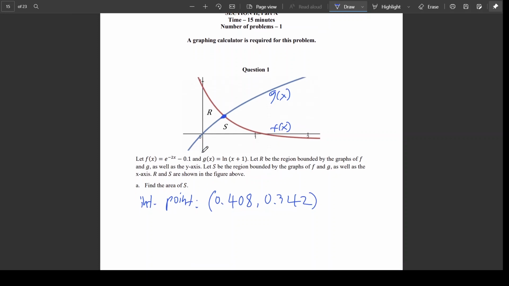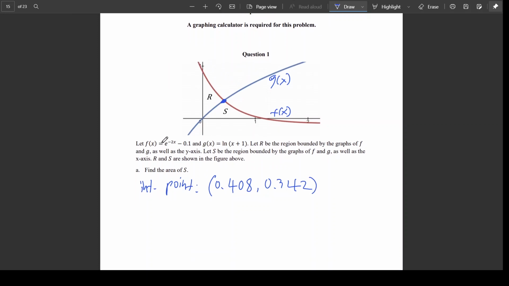To do that, we have to switch everything horizontally. So instead of y equals something with x, we'll have x equals something with y. So we have to solve each of these equations for x. For f of x, we have e to the negative 2x minus 0.1, and we need to solve this for x. I'll add 0.1. Remember, f of x is just y.